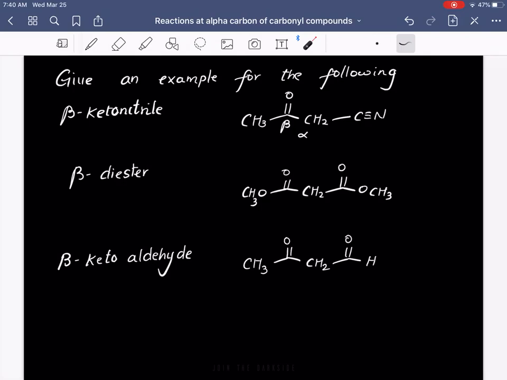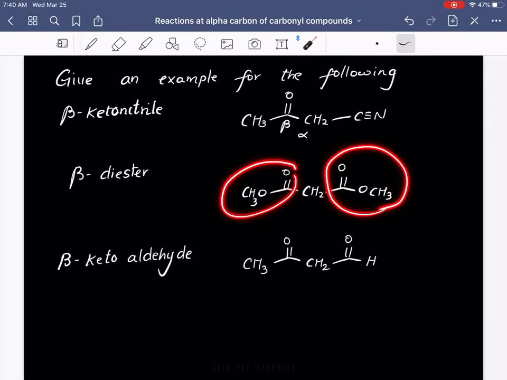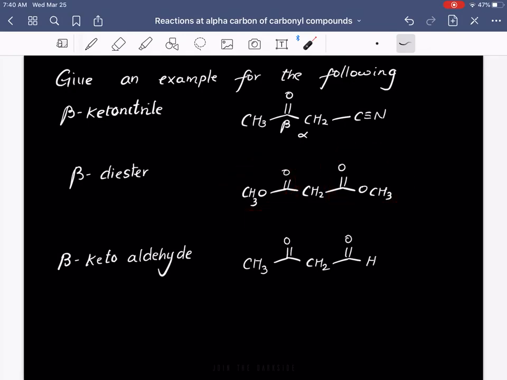Okay, so this is a diester. Here is your first ester group and second ester group. If you consider this as your first ester group, this is your alpha carbon, this is a beta carbon, and that's a beta diester. And beta keto aldehyde, this is your aldehyde, that's the basic functional group, and this is your alpha carbon, this is a beta carbon. So this is beta keto aldehyde.